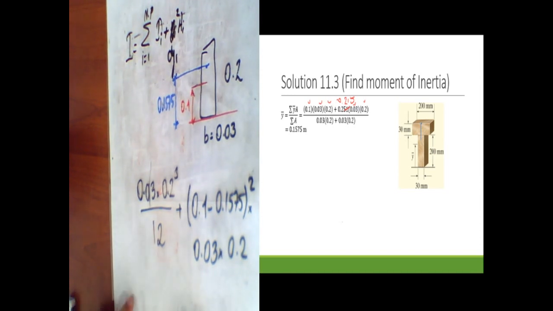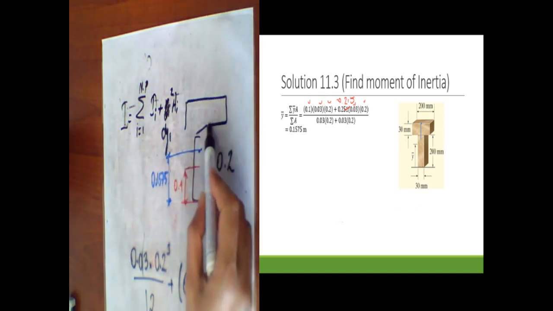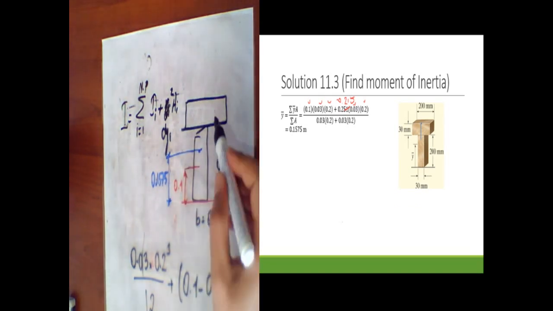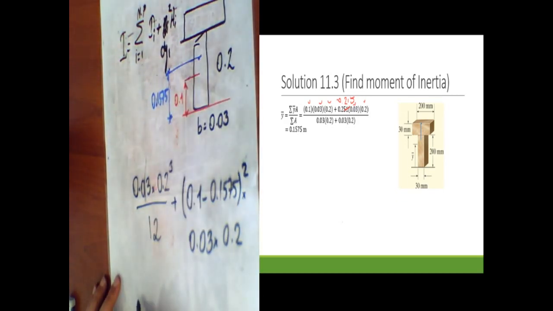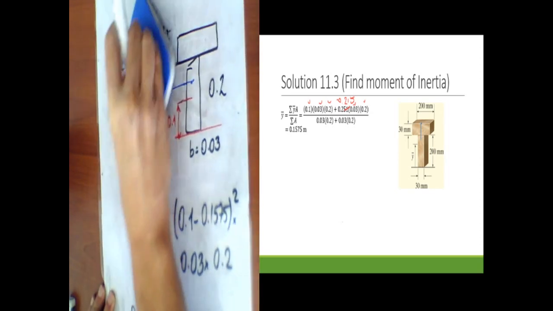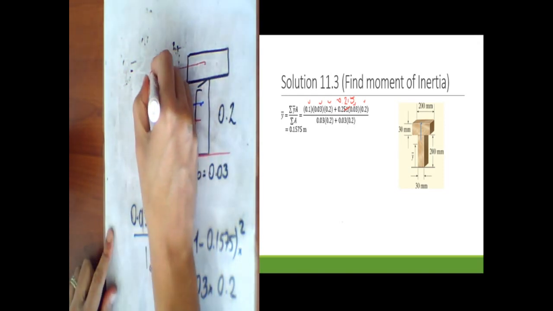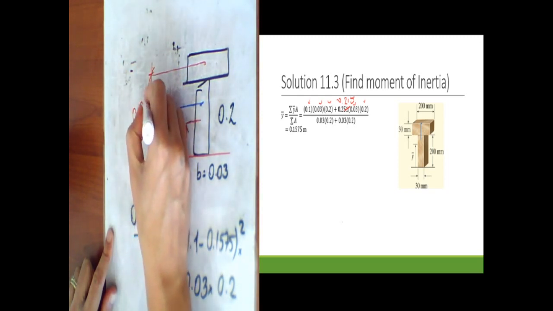I want to continue with the second part. In the second part, the width b is 0.2, so b times h cubed over 12, plus the distance from the reference line, which you remember is 0.215.